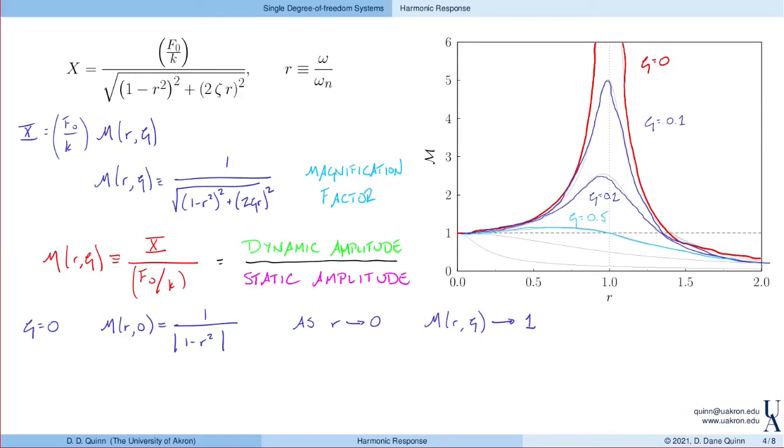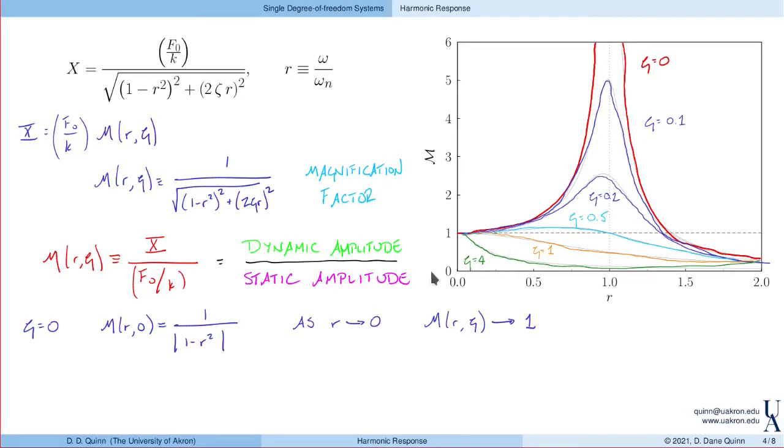A little bit larger, right? So let's take zeta is equal to 1. We end up with a curve here. Finally, if we make zeta fairly large, zeta is equal to 4, we end up with a curve that follows this line.